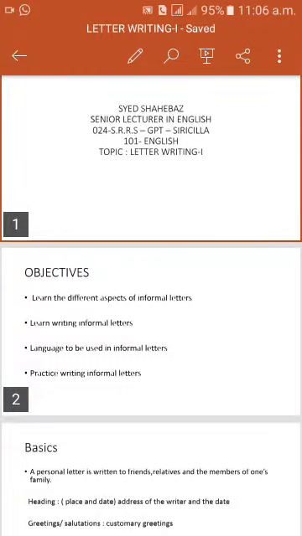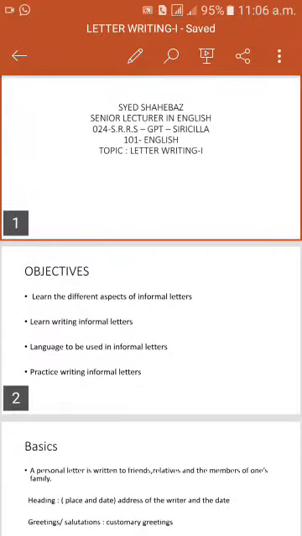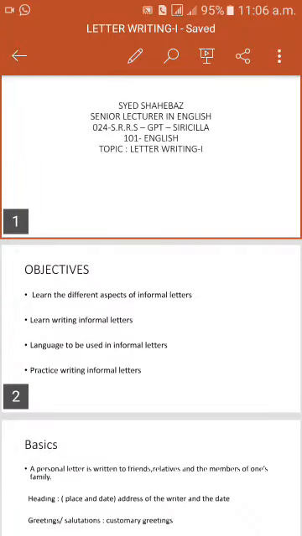There are two types of letters. One is formal letters and the other is informal letters. Formal letters means the letters we write to officials, the letters we write to the editor of a newspaper, and the letters we write in business organizations, the letters we write in the corporate world.